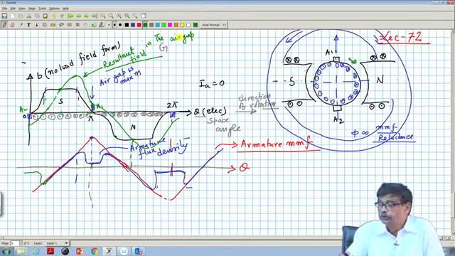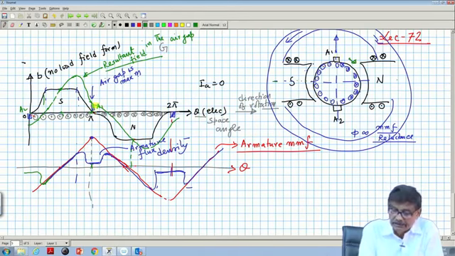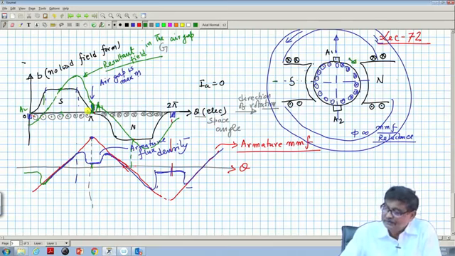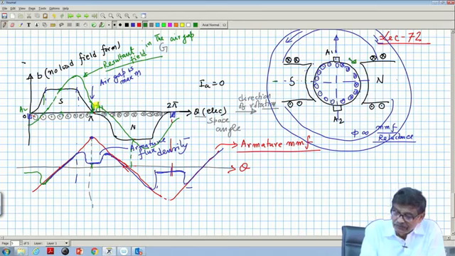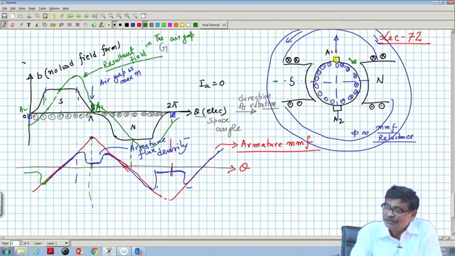Therefore, compared to an unloaded DC machine, there was no flux along this line, the Q line, that is along A 1, this is A 1. Now, I find there is a flux density present. Which kind of flux density present? Same south pole. If the main pole is, so here exists some south pole here.